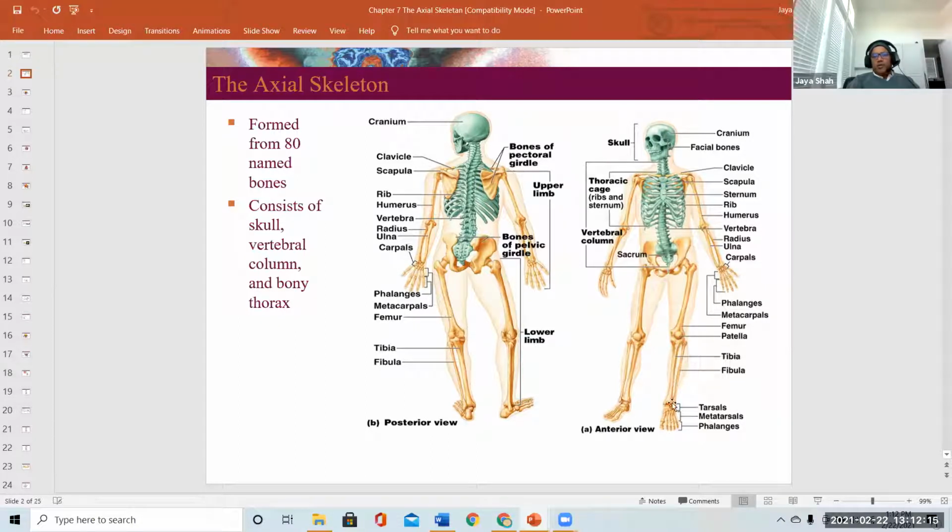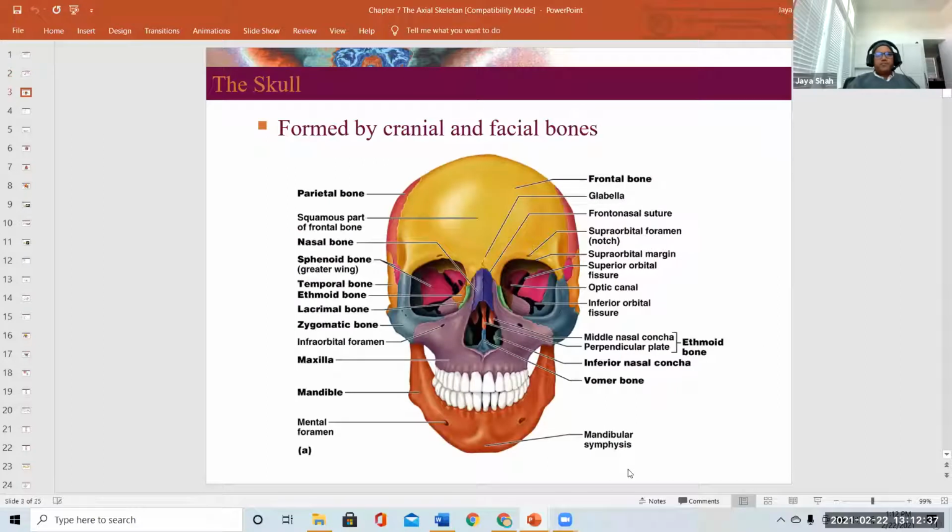Fibula is also the bone in the side, and another name for tibia is shin. Okay. Then wrist bone is carpal, so the ankle bones are tarsals. Palm bones are metacarpals, so here sole bones are metatarsals, and phalanges are the phalanges. Okay, so these are the bones.